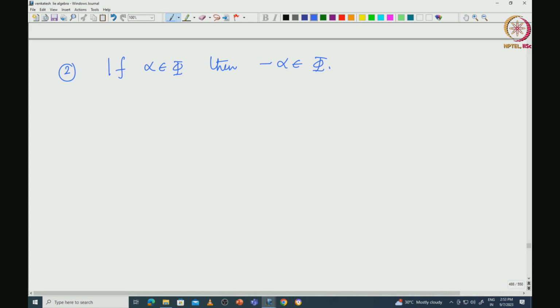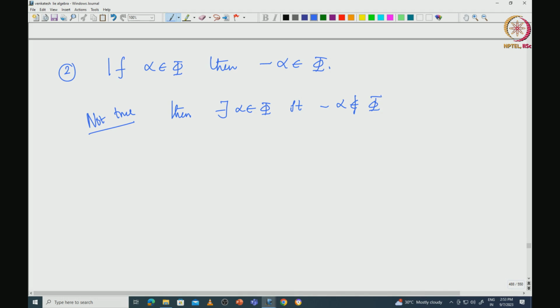We will do that later, we need some SL2 representation theory to prove that, but this fact is easy. Let us say you have alpha in phi. If this is not true, then there exists alpha in phi such that minus alpha is not in phi.